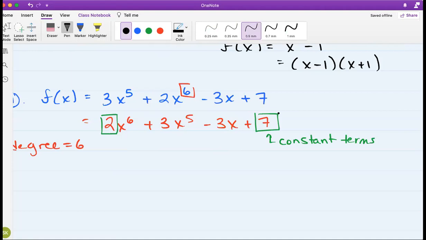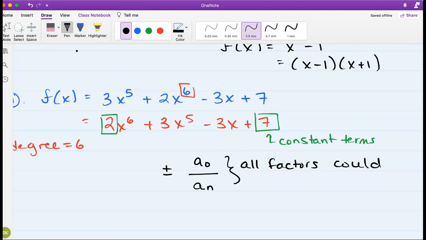What we're going to do is take this constant term, which is a sub 0, and divide by a sub n, with a plus minus, and all the factors could be our potential roots.